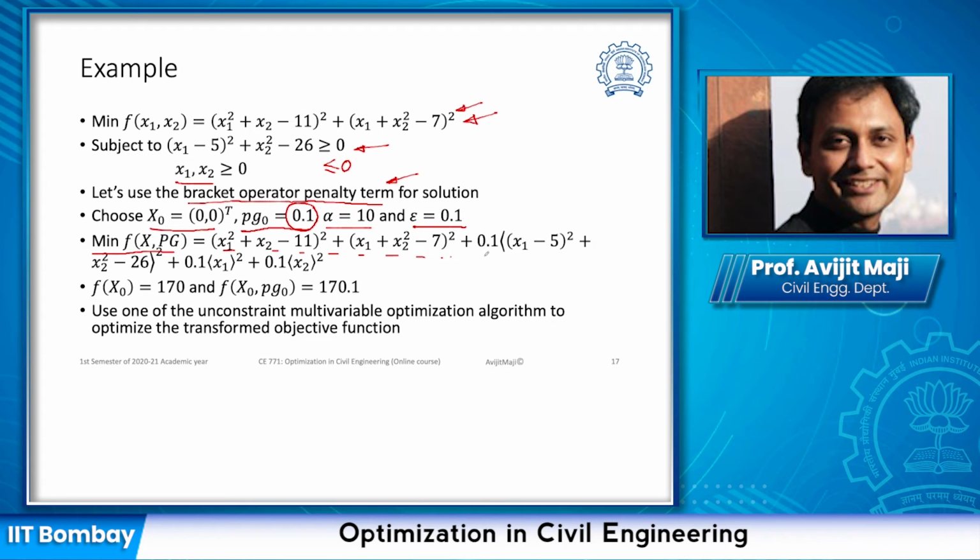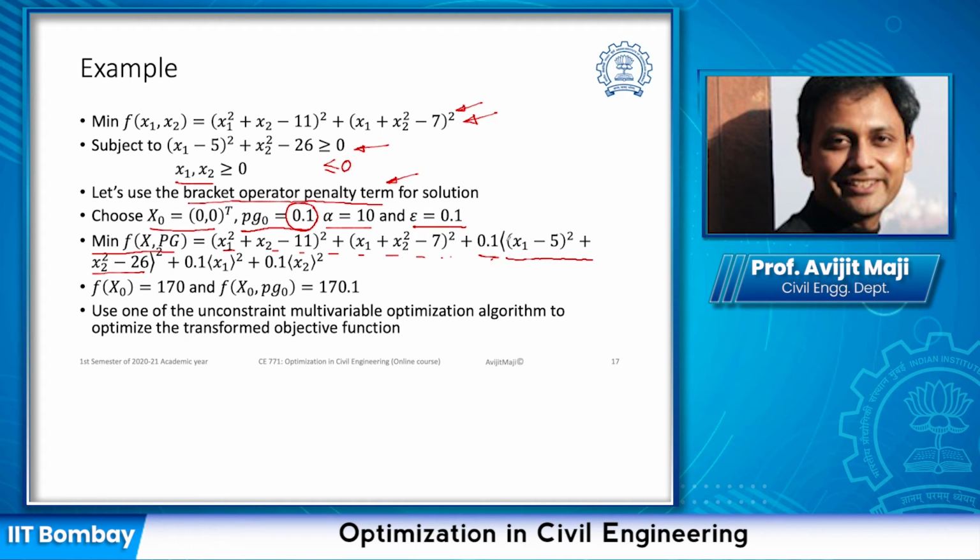So for the constraints, we have to multiply with the penalty term and the penalty parameter. The penalty parameter is 0.1 and the penalty term is this, in the case of the bracket operator penalty.